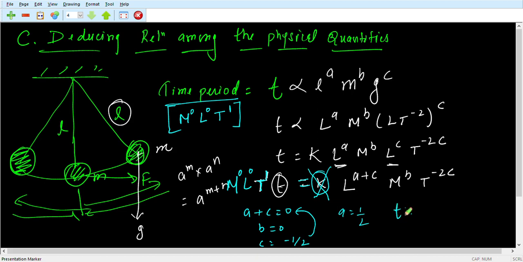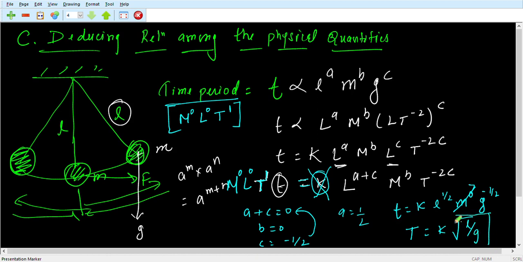The time period is equal to K times L to the power 1 upon 2, M to the power 0 and g to the power minus 1 upon 2. M to the power 0 says that mass is not involved and has no effect on the time period, so it is not going to be in the expression. So the time period T can be written as K times under root L upon g.